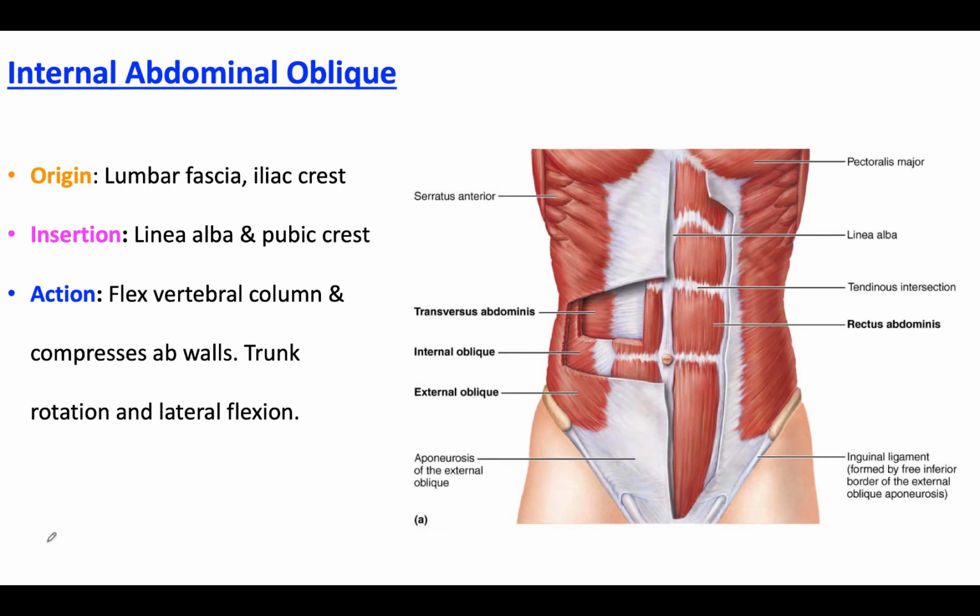So its jobs are basically the same as the external obliques. But I want you to pay close attention to this. The fibers are diagonal, but look which way. They're diagonal this way, when the external obliques are coming in this way. And of course, the external is right on top.